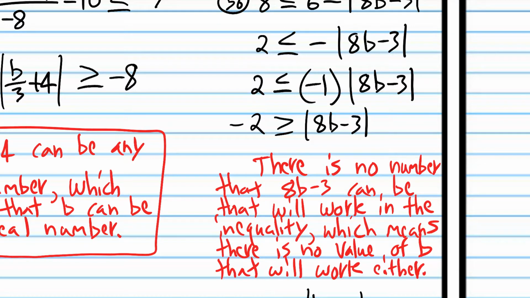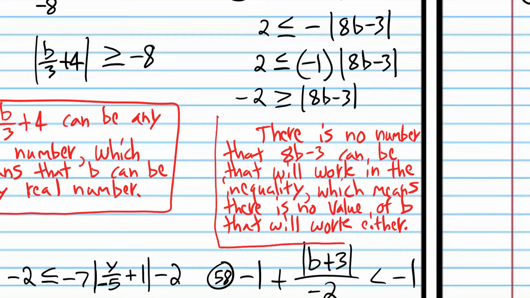So that's just one way to describe it. You really don't, you can probably just put no solution. You don't have to write all this, but I'm just writing that for your benefit.